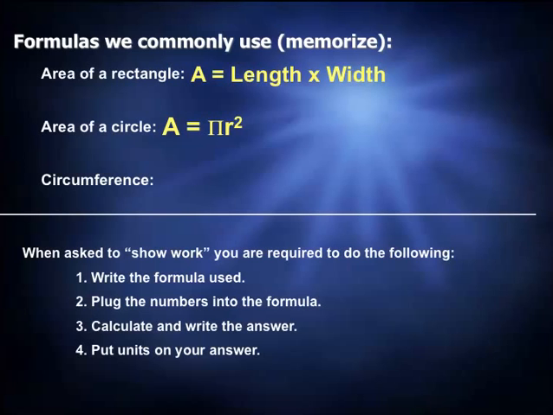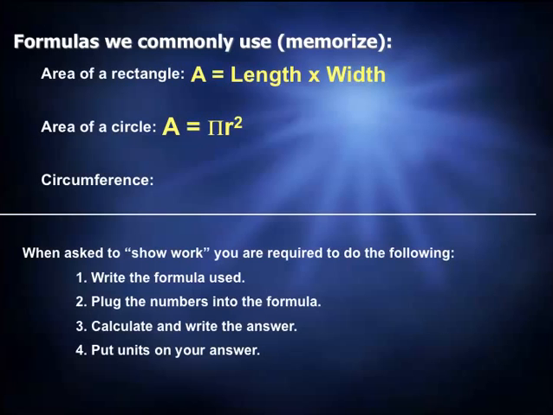What is pi? 3.1415. All right, 3.14159. 3.14 is good enough for us if you're putting it in your calculator. If you just press the pi button on your calculator, you'll get more digits. And so you may get slightly different answers if you press the pi button versus just putting in 3.14. That's okay.